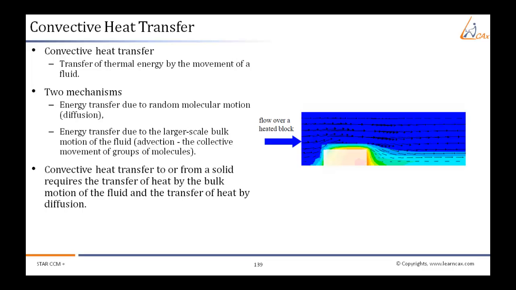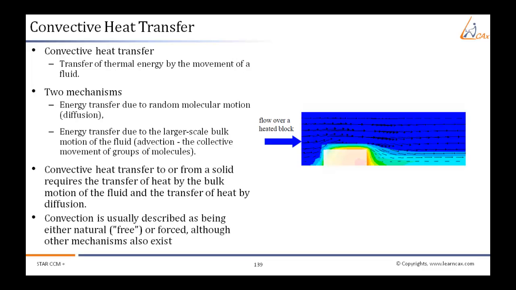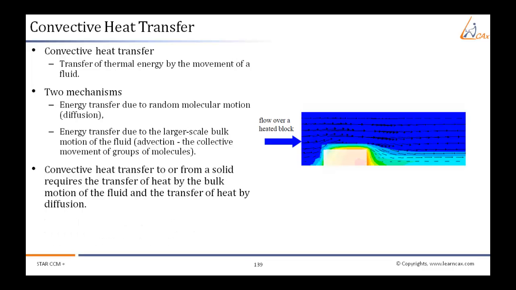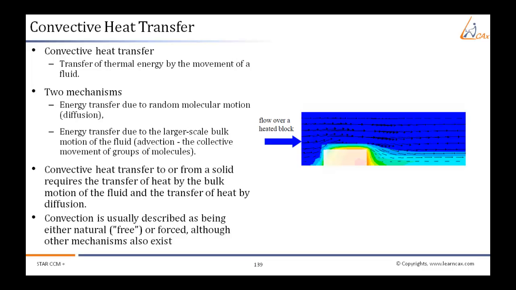The contribution due to random molecular motion dominates near the surface where the fluid velocity is slow. Convection is usually described as being either natural, that is free, or forced, although other mechanisms also exist.